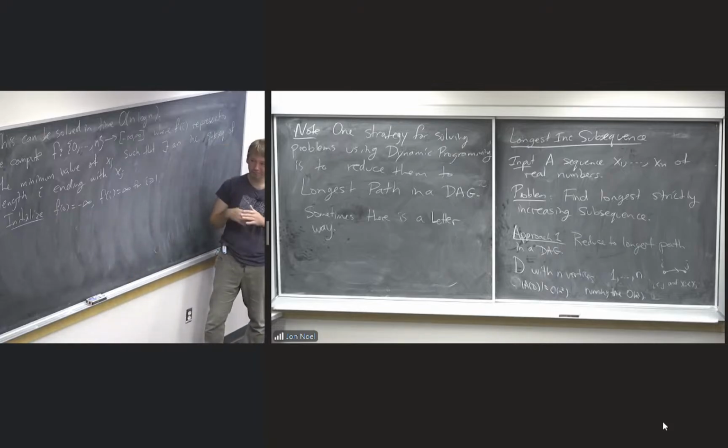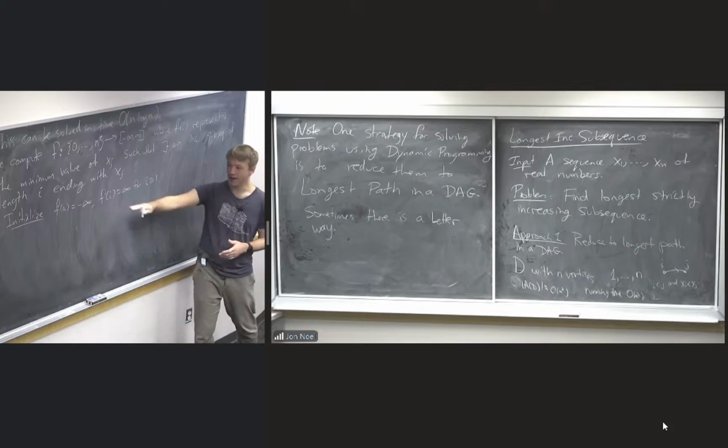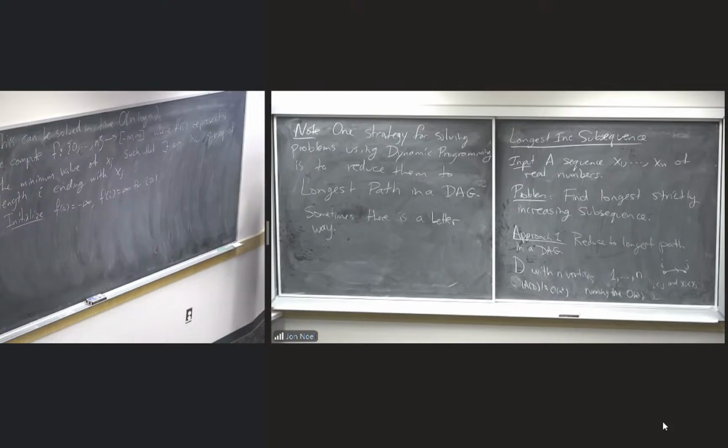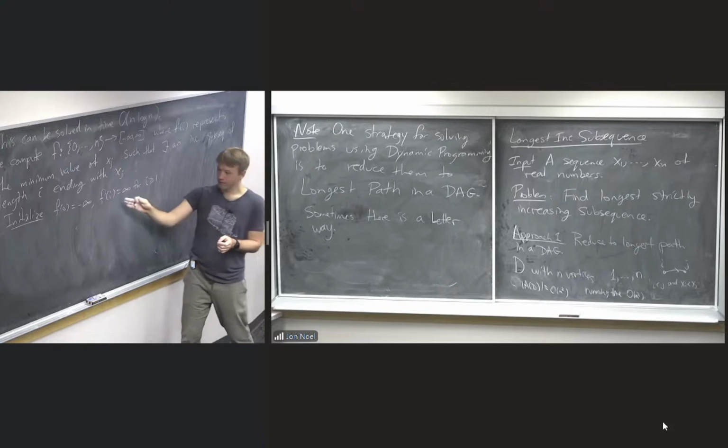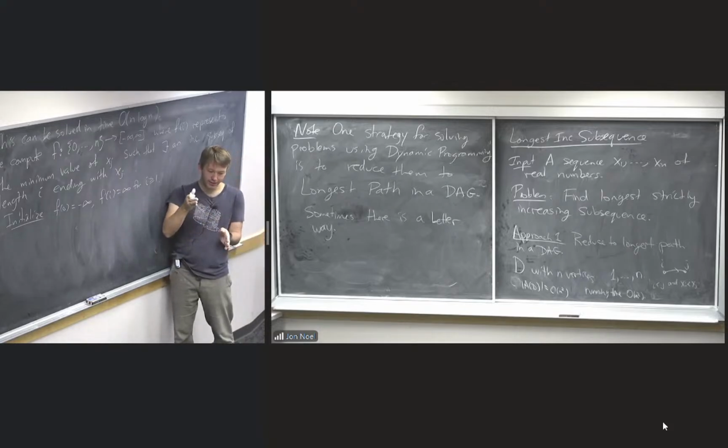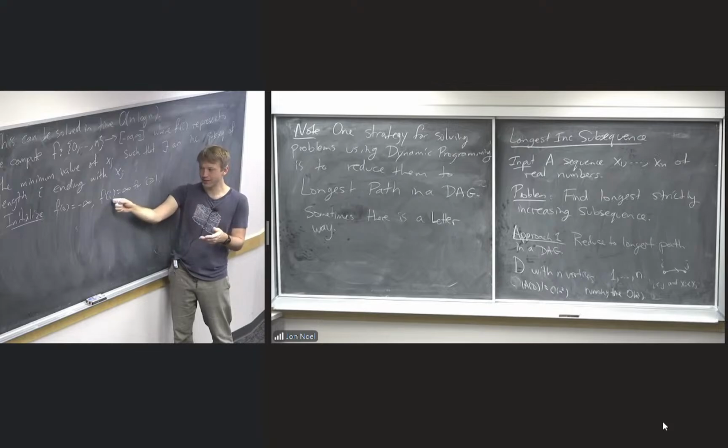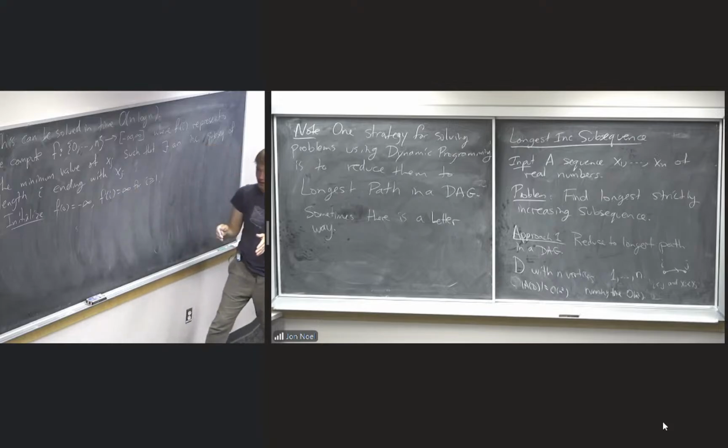I think it's just convenient to have f of 0 defined. But all of these other values are the ones we're interested in. At the end of this, we're going to pick the largest index i such that f of i is less than infinity. That works because f of i being infinity for larger values of i means we haven't found any increasing subsequence of that length.